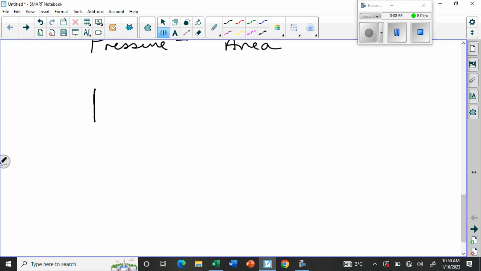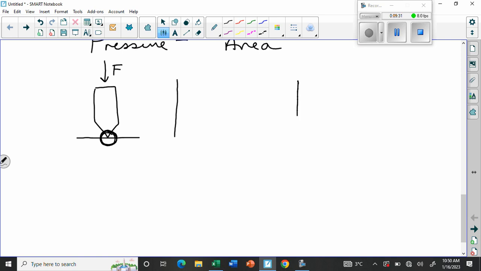Here's a knife sort of in cross section, and here's your steak. Well, if you think about applying a force, let's say you push on this knife, all of that force is concentrated at a very small point. If we think about the knife blade, all along the knife blade, it's just an edge. So what's the area of that edge? Well, it's not very much, which means that all of the force is concentrated on a small area, which means that the steak will cut. The knife will push through.